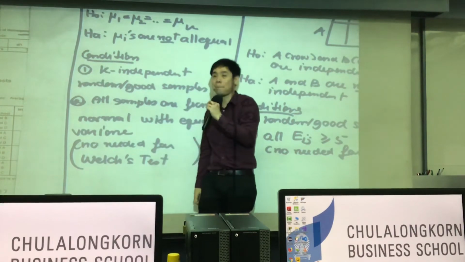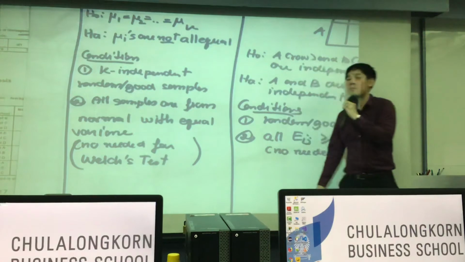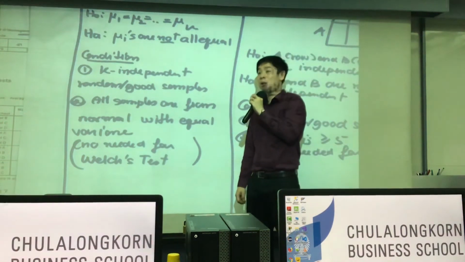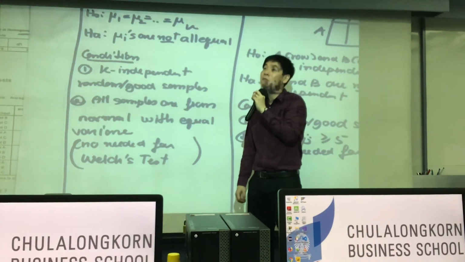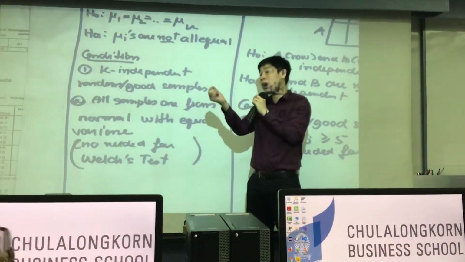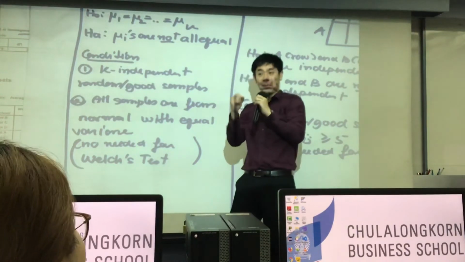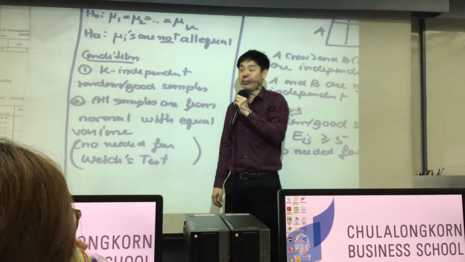Okay, so you mean that even if it's not a normal distribution, we can use the Welch test. The Welch test you can always use because it doesn't require normality. But if you can use ANOVA, it will work better. The p-value is smaller. When the condition for ANOVA is met, it can be faster to detect a difference.